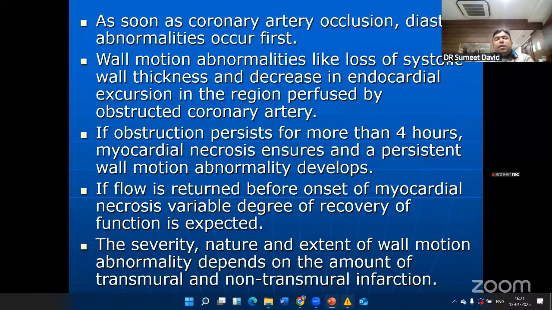Within this time, if you can open the artery and revascularize the myocardium, the patient will survive. Otherwise it leads to fibrosis and end damage of the myocardium. If flow is restored before the onset of myocardial necrosis, a viable degree of recovery of function is expected. The severity, nature, and extent of wall motion abnormalities depend on the amount of transmural and non-transmural infarction.